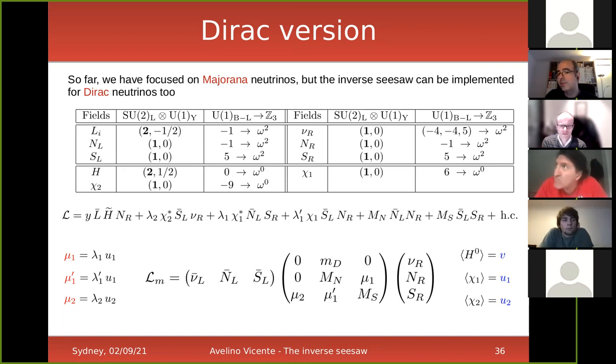These additional scalars, of course, influence the scalar potential for the Higgs and typically help you have better stability prospects for the Higgs. So I'm not sure it has been shown explicitly for the inverse seesaw, but I think it would be exactly the same. And maybe it has been, I just don't remember. So probably yes.